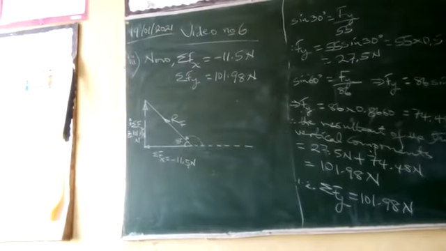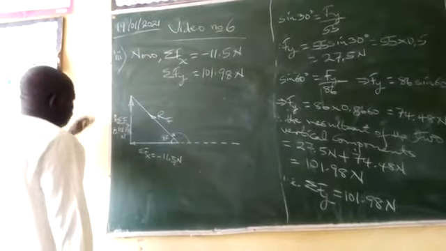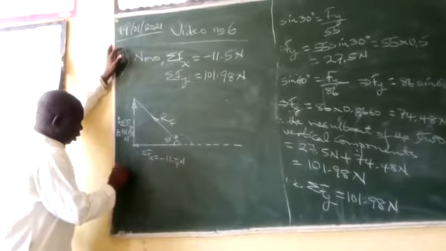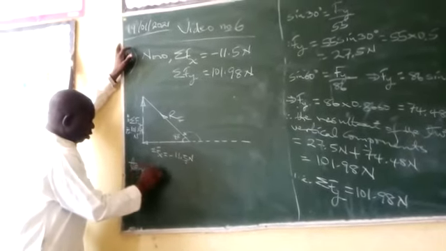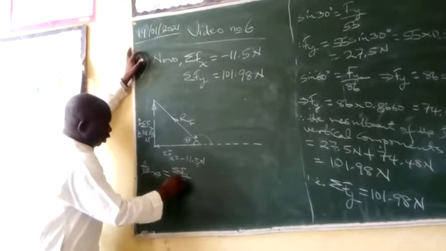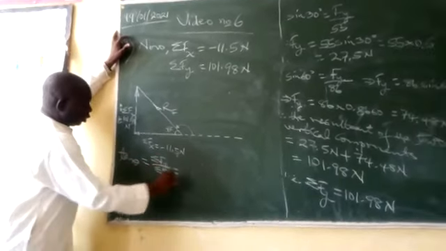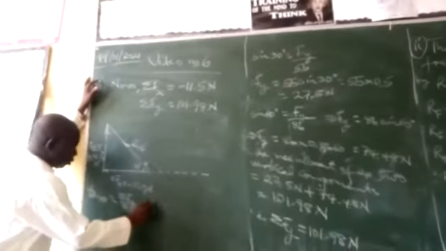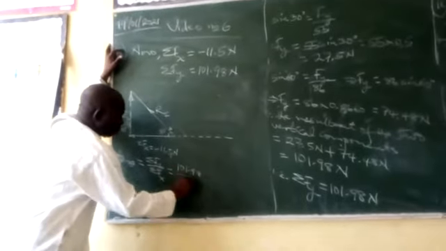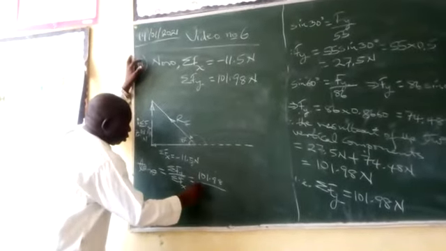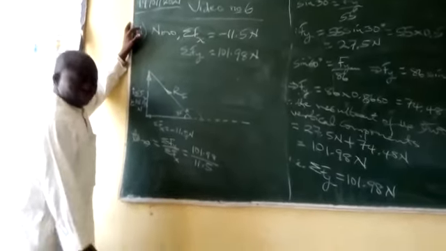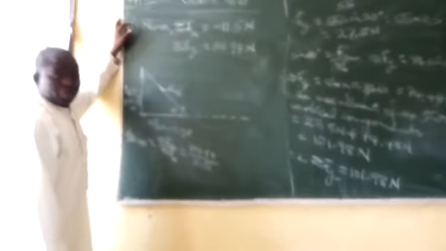Now here, opposite over adjacent: tan theta is equal to summation f sub y over summation f sub x. And that is going to be 101.98 over 11.5.